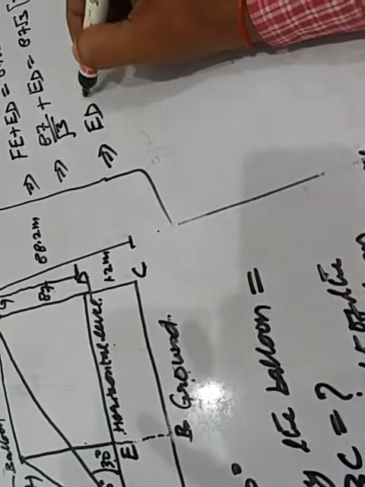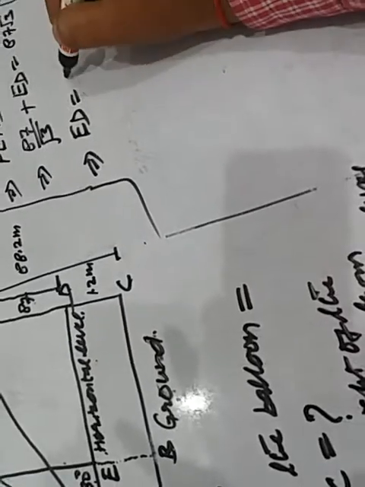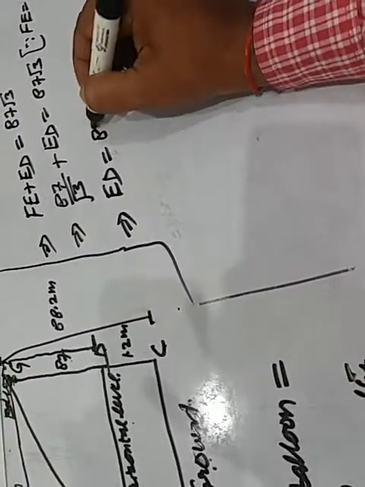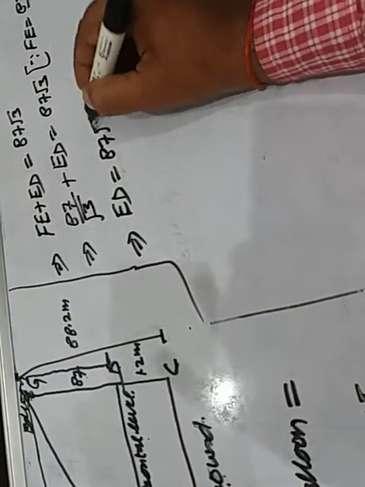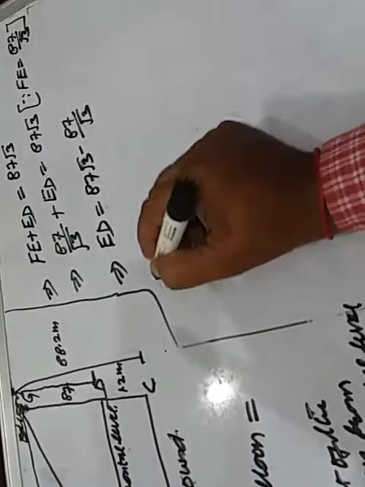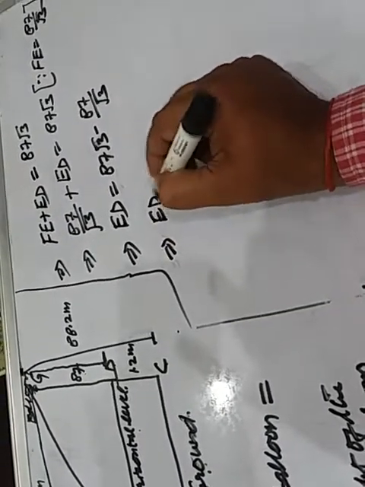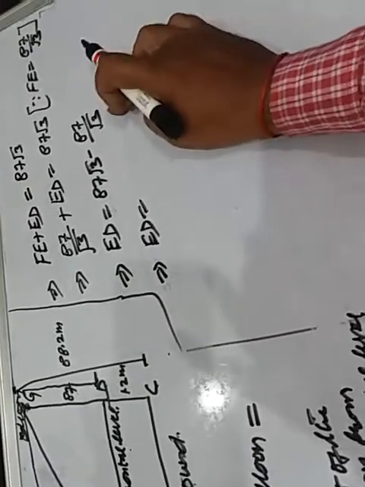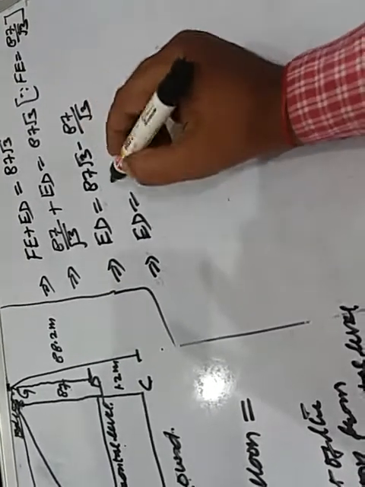This implies that ED equal to what? ED equal to, by transposing, 87 minus, that is 87 root 3 minus 87 upon root 3. Is there any doubt? Root 3 into root 3, that is 87.